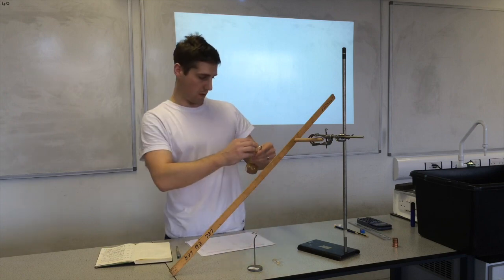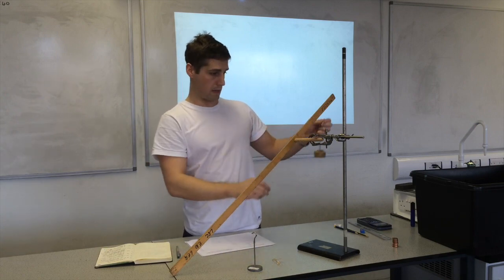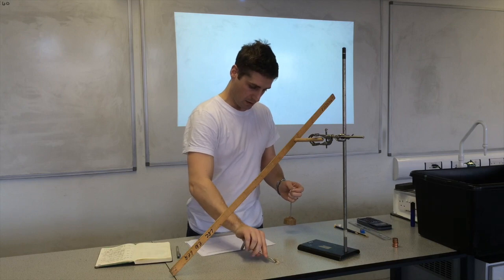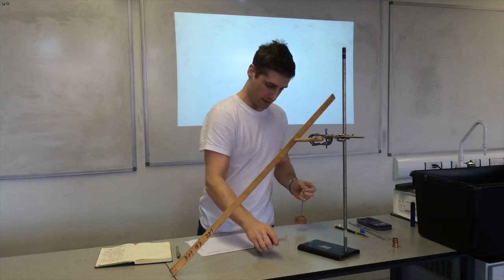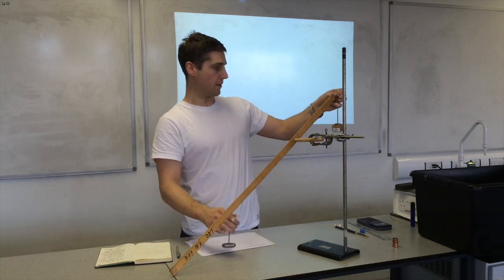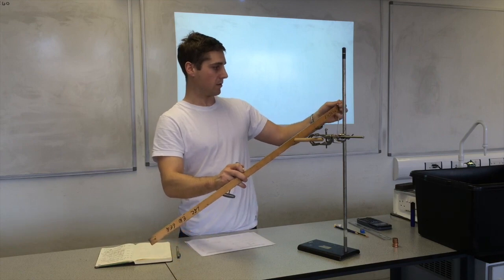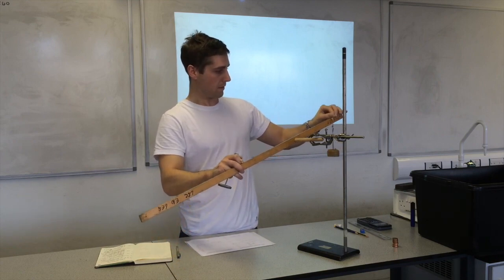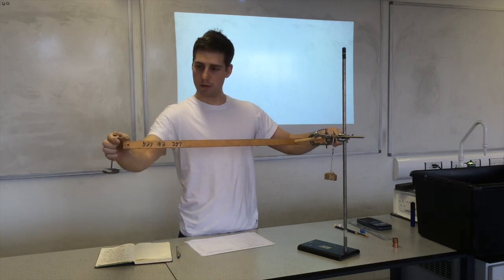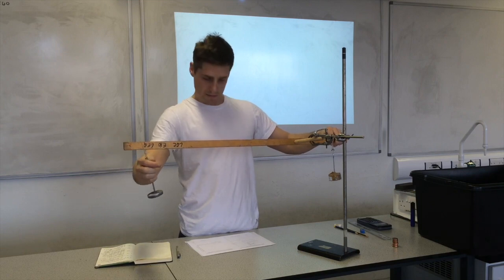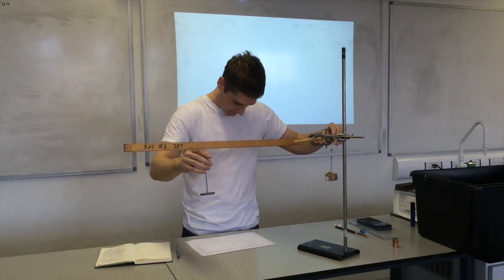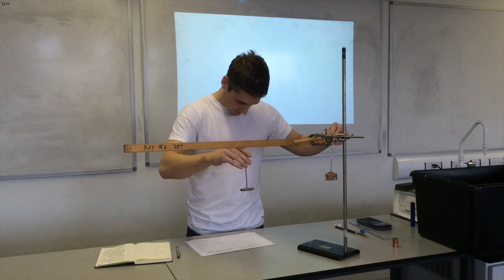Right, M goes on the left of the ruler, and W goes on the right of it, and the loops of string actually hang onto the ruler. So let's set this up. So I need to balance this.